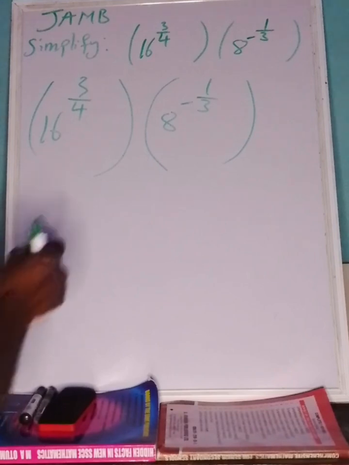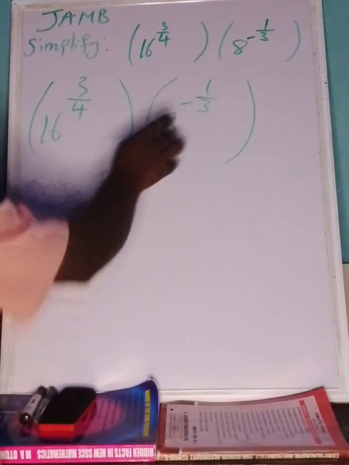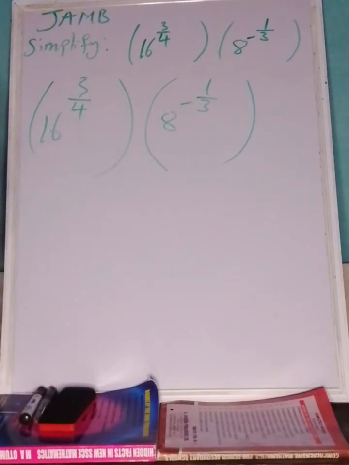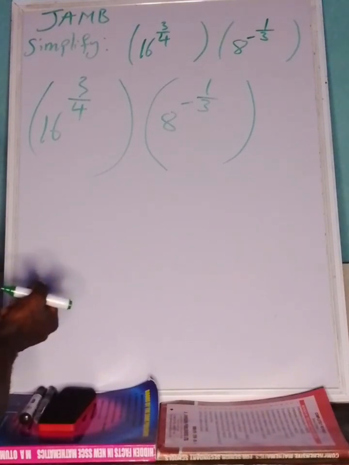Then here is another rule. This one here is a negative power. Whenever a number is raised to a negative power, you are going to divide 1 by that number.